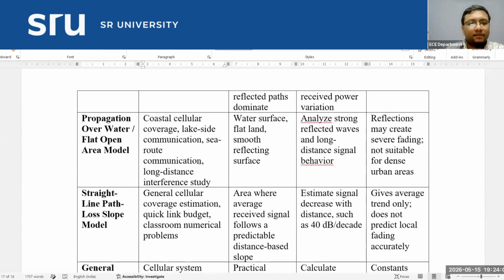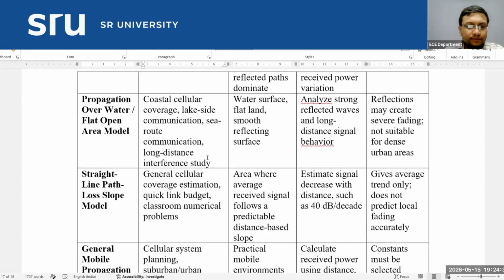Now straight line path loss model. The straight line path loss model is for general cellular coverage estimation, because all other losses are actually assumed as a value, like other losses, LO, and it gives some average range only.